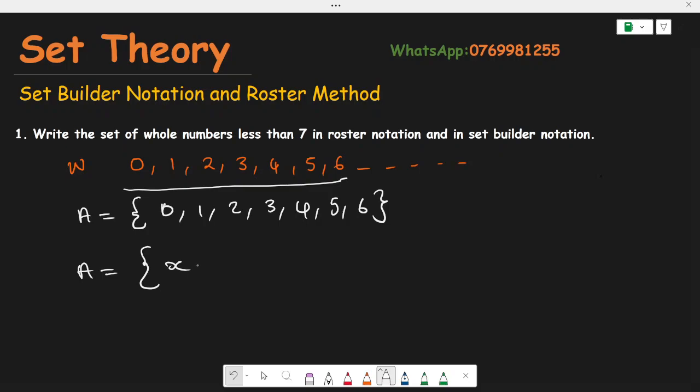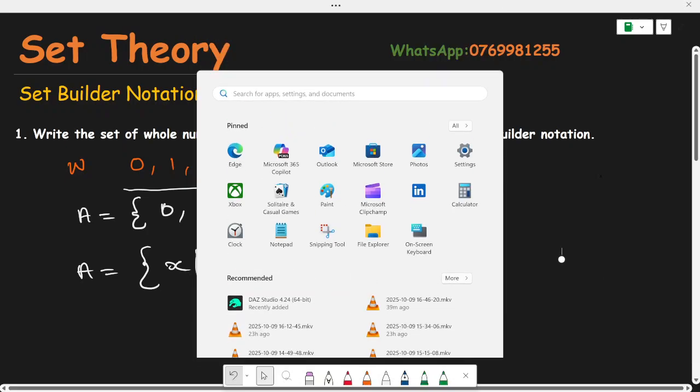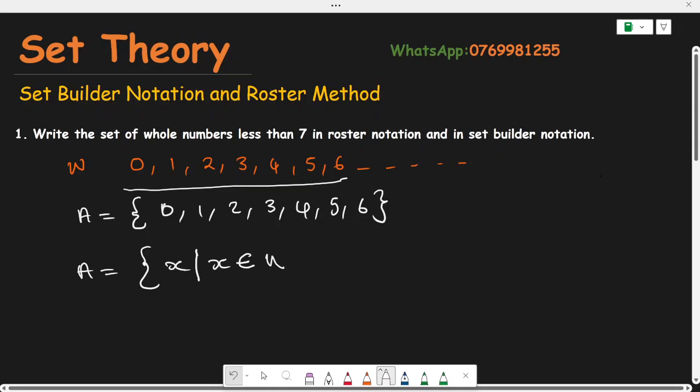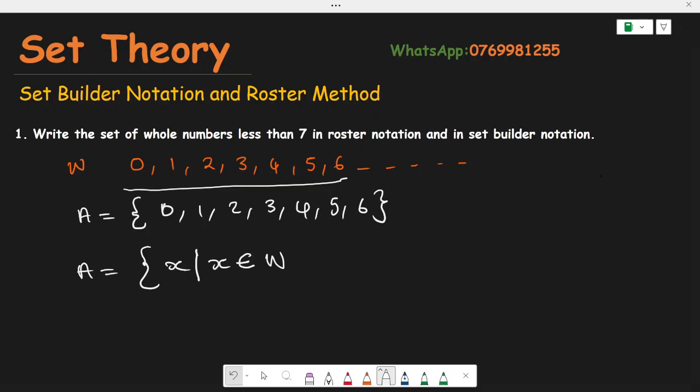So A is equal to X such that X is a whole number, and the symbol for that we are going to use is W, and we put the limit for X: X is greater than or equal to 0, but X is less than 7.